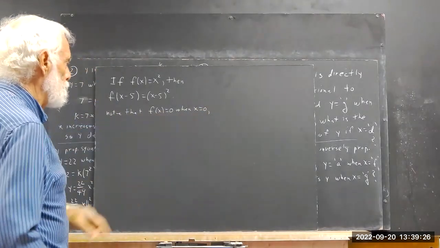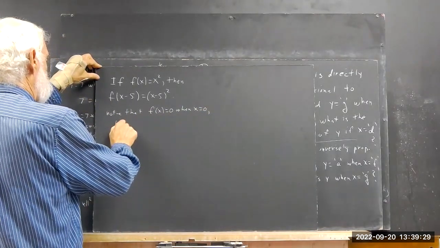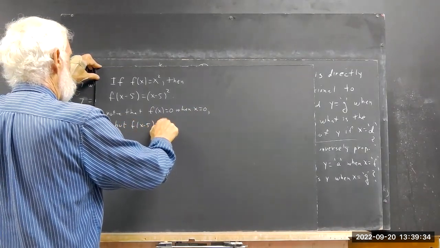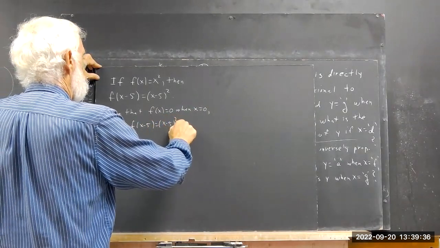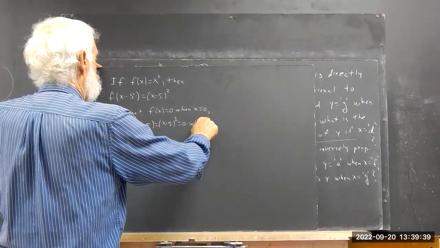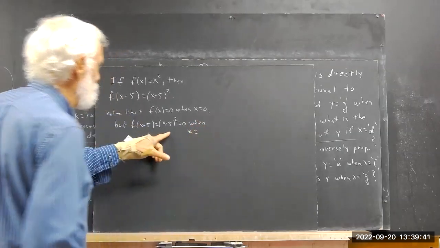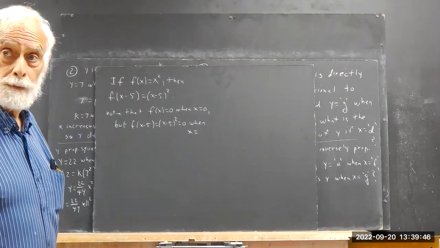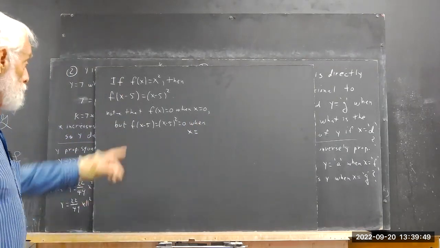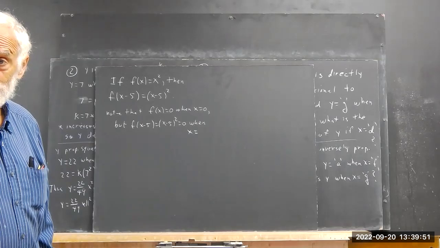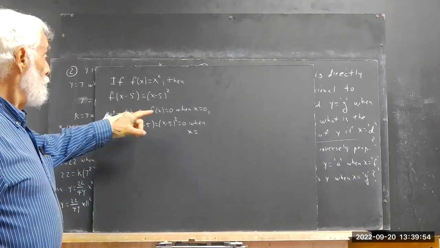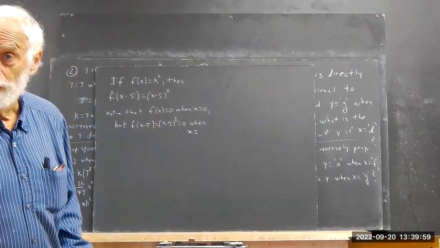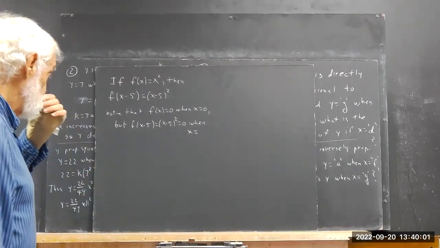Note that f of x equals 0 when x equals 0. What value of x makes this 0? Show me with your fingers. Yeah, if x is 5, you're going to get 0, right? Well, that means the point where the function is 0 moves from x equals 0 over to x equals 5.